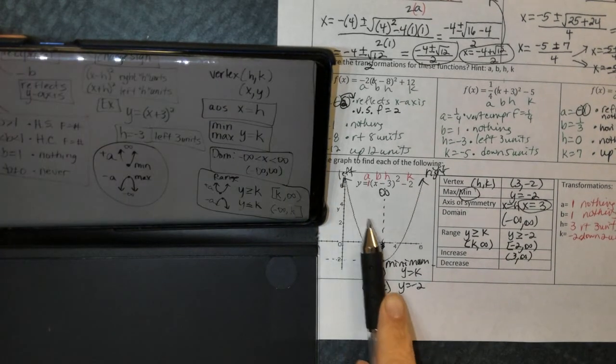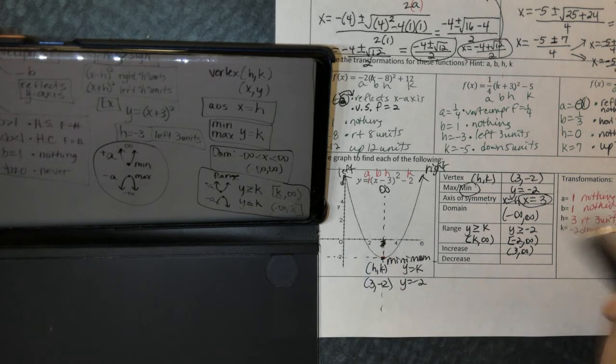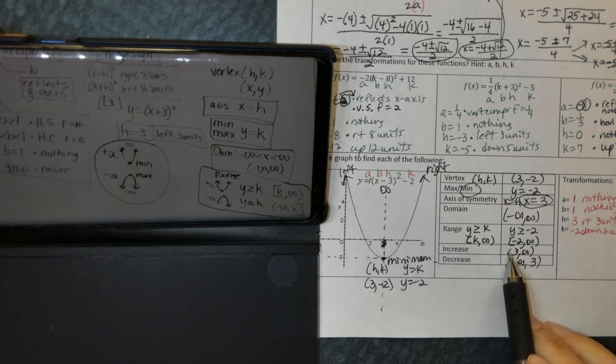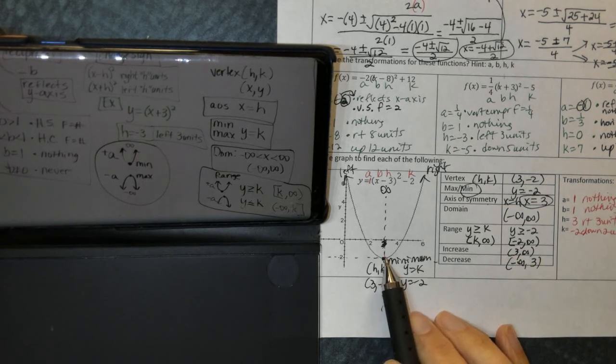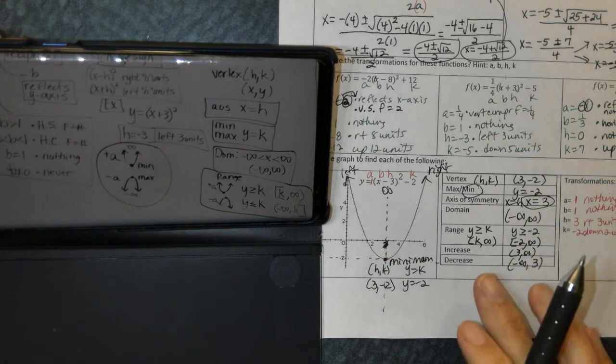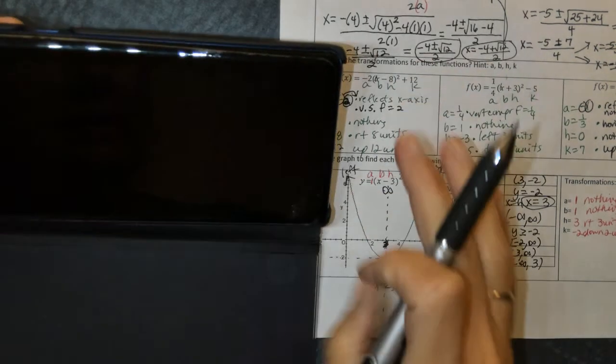So it comes from -infinity, remember, it's x values, and it stops here at 3. -infinity to 3. No brackets, because it's not going to include it right here. This point is neither an increase nor a decrease when you're talking about these two things. Okay, and this is it. I know it went fast, but stop it, pause it, rewind.